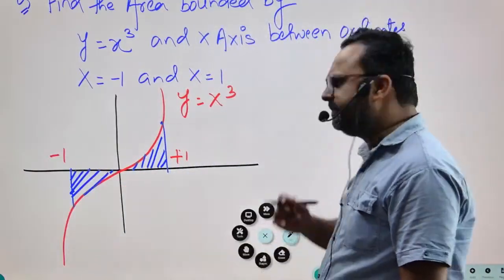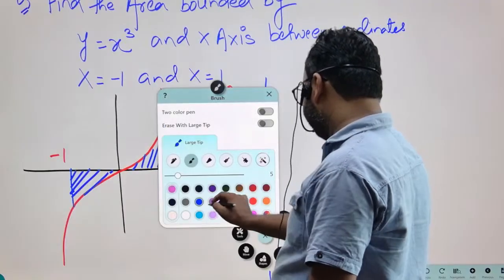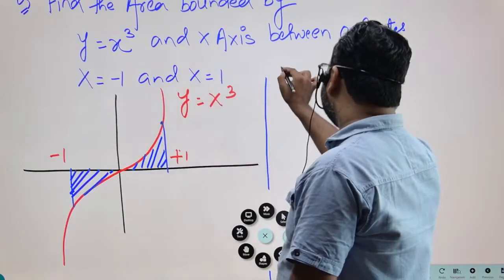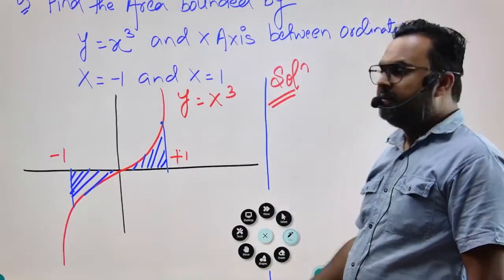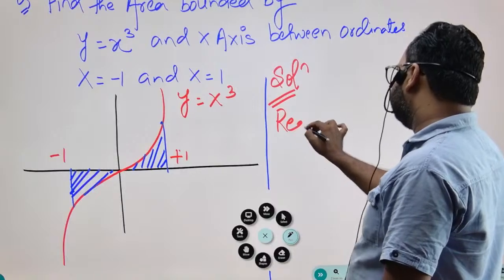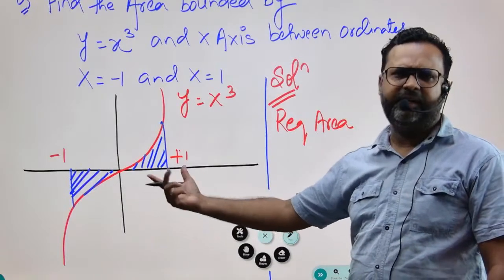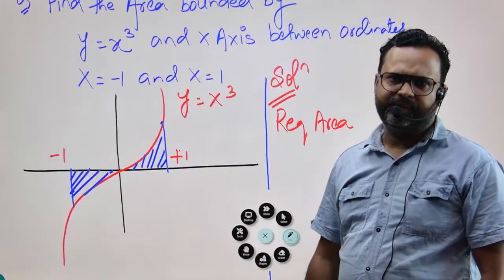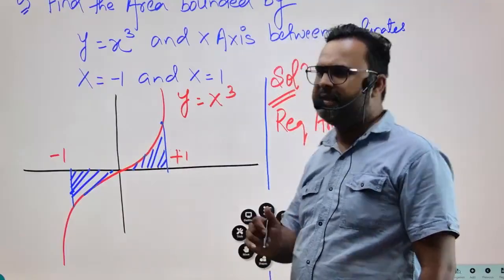So required area, solution. If I want to calculate the required area, I need to integrate. So -1 to 0, then from 0 to 1. This is simple logic.